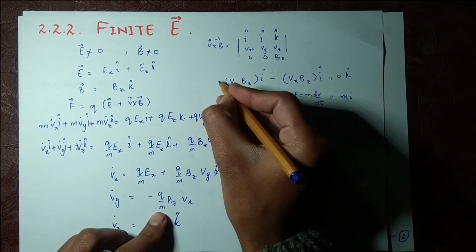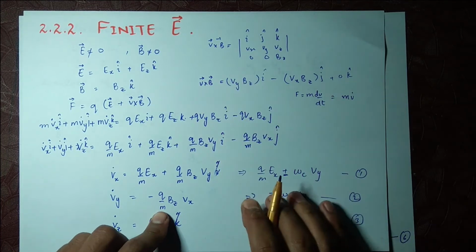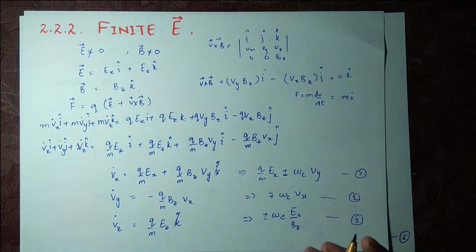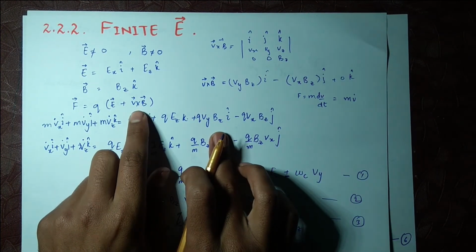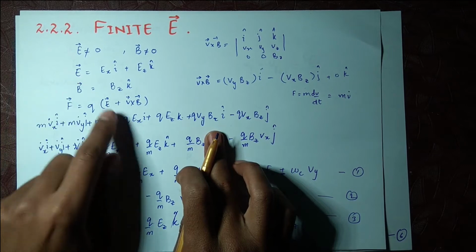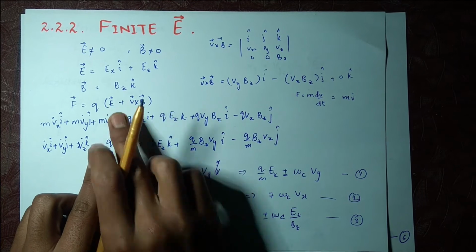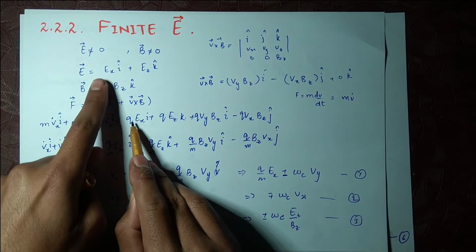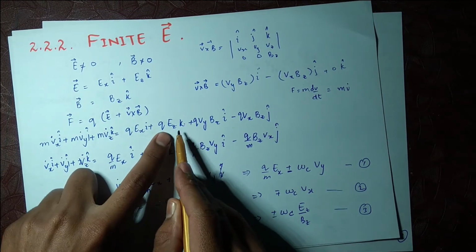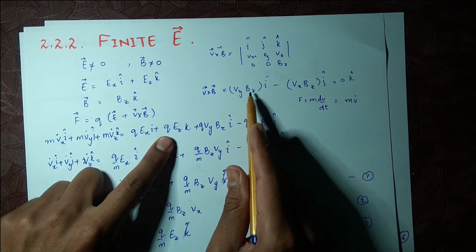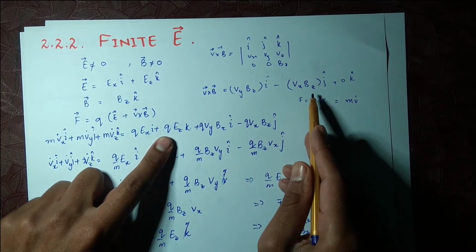This is V cross B. Putting the value of this V cross B and this value of E here, and multiplying this Q inside, it will be Q into Ex i plus Q into Ez k plus Q into Vy Bz i minus Q into Vx Bz j.